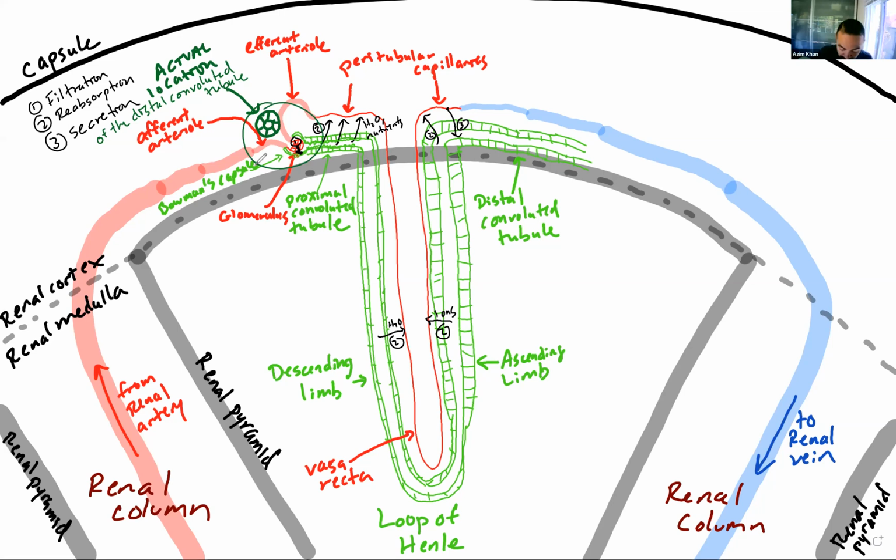There is a term for this region. The fact that the distal convoluted tubule is right next to everything, right next to these afferent and efferent arterioles, this is called the juxta means next to, juxtaglomerular complex. Juxtaglomerular complex.